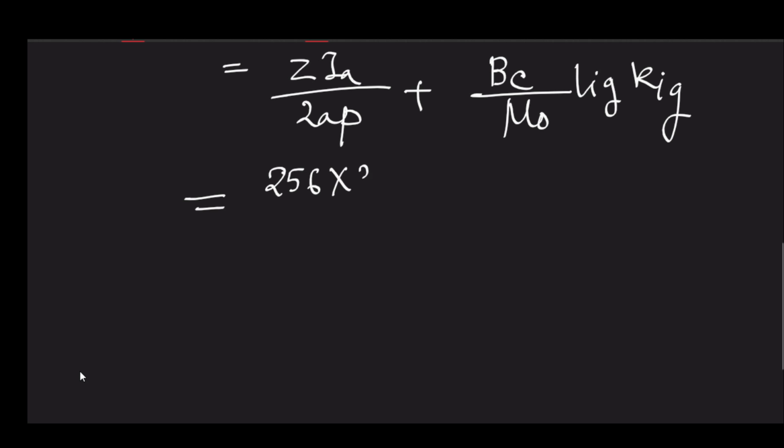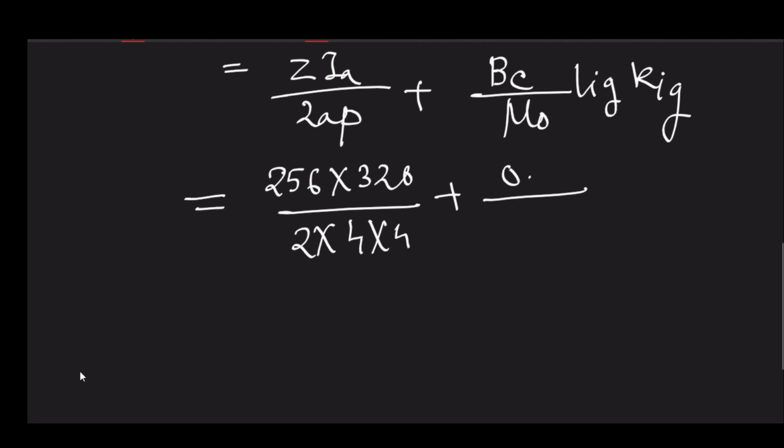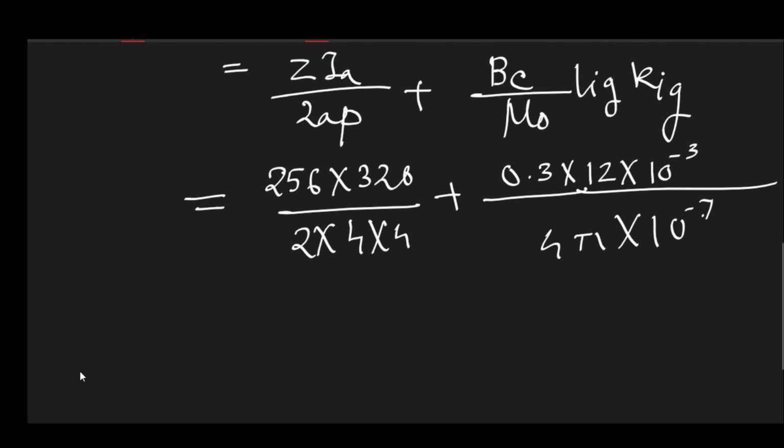So 256 into 320 by 2 into 4 into 4 plus 0.3 into 12 into 10 to the power minus 3 by 4 pi into 10 to the power minus 7 into 1. So that results in 5424.8 ampere turn, right?